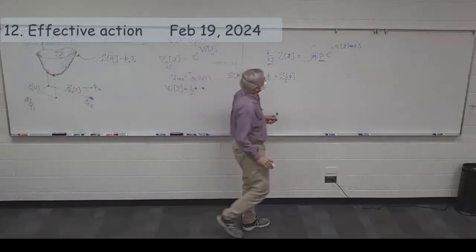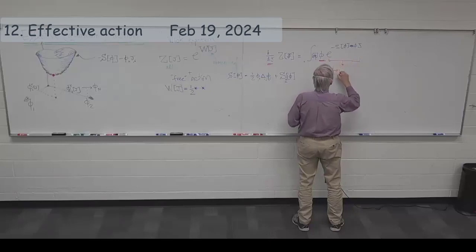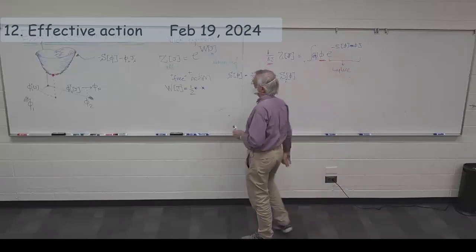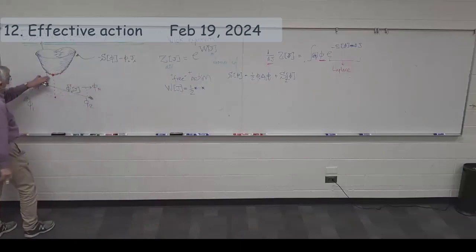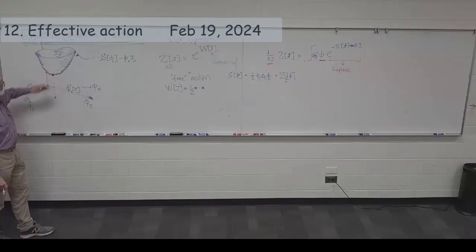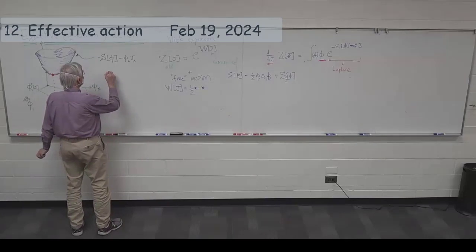I'll do this in more detail, but Laplace observed that if in this exponential I have something that looks like that, I will be dominated by the extremal or saddle point, or whatever you want to call it, but basically the extremal point.